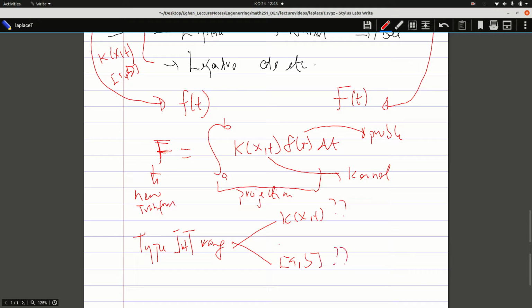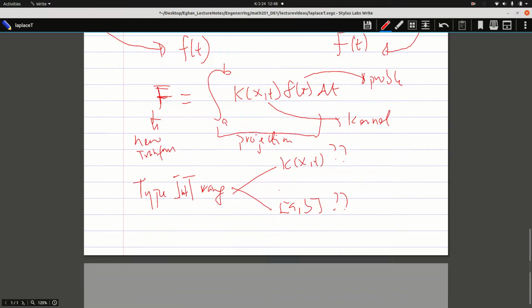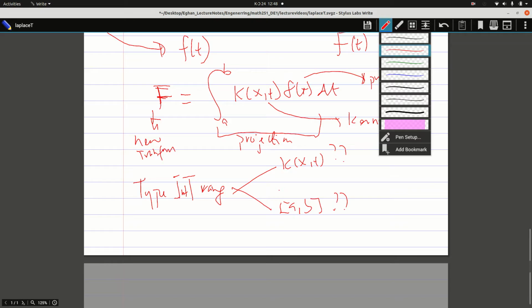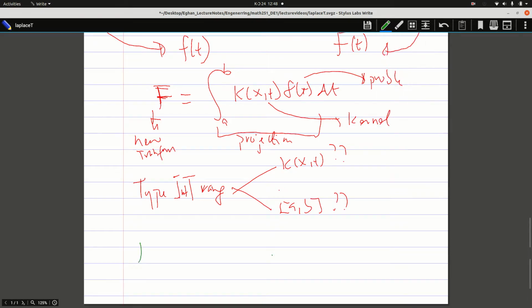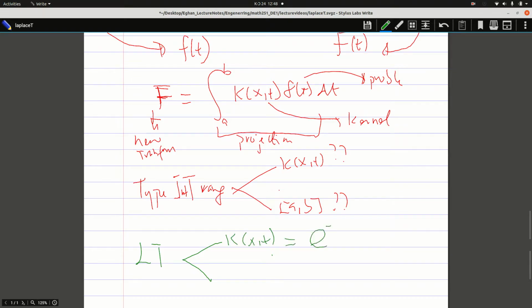And so with our focus here as Laplace transform, let's take that one. What is my kernel defined as? My kernel is defined as the exponential function, and then my limit of integration is defined from 0 to infinity.